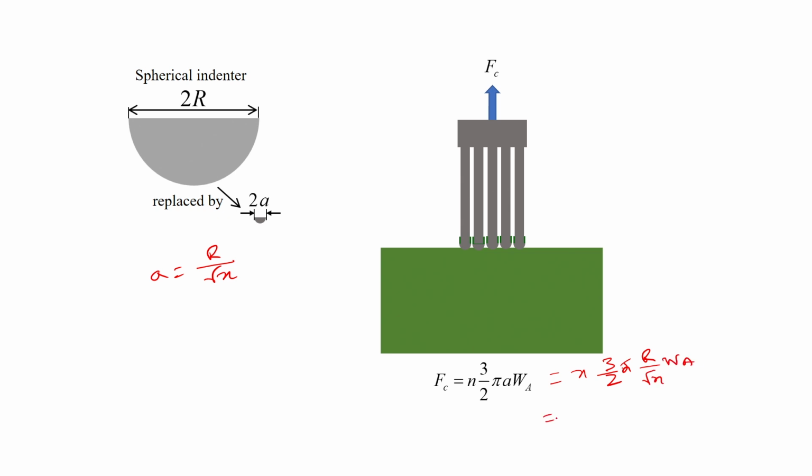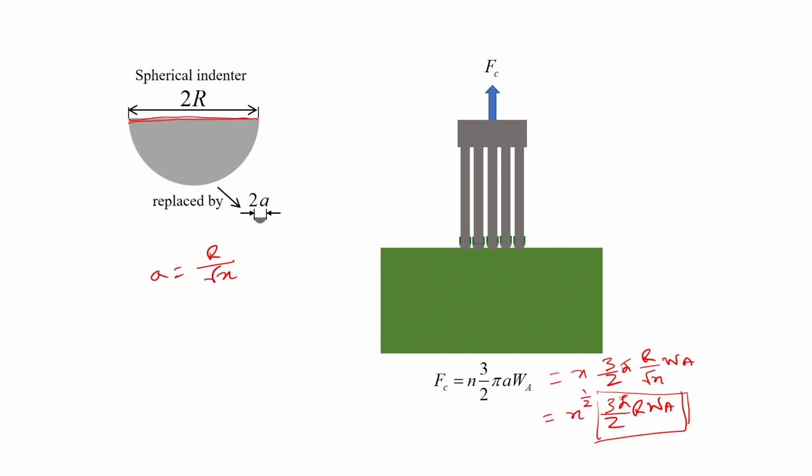So here again we can see n to the power half into 3 by 2 into pi R W A. We know that the pull-off load in this JKR type contact mechanics for a spherical indenter is given by 3 by 2 pi R W A. Since we have divided the contact area, keeping the sphere radius the same, the area taken by this spherical shape remains constant.